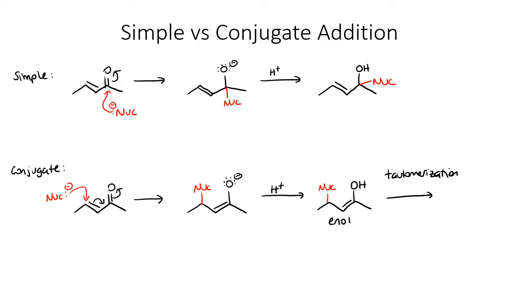So we will have the tautomerization occur, and our enol will turn into a ketone. And we get our keto form.